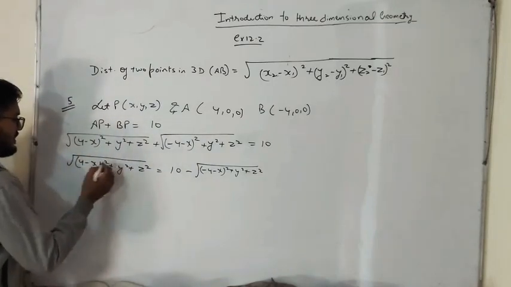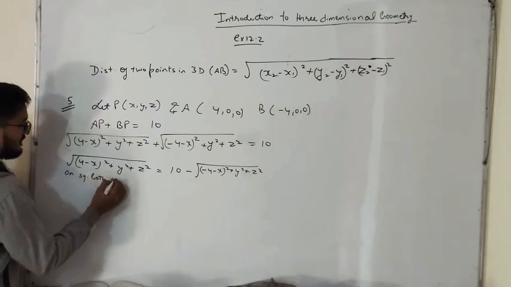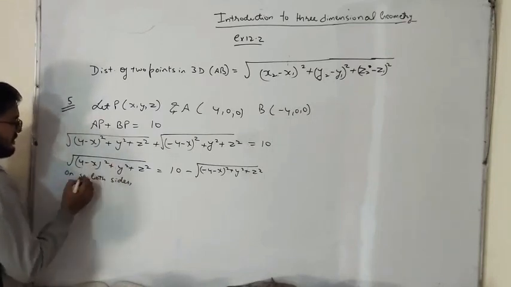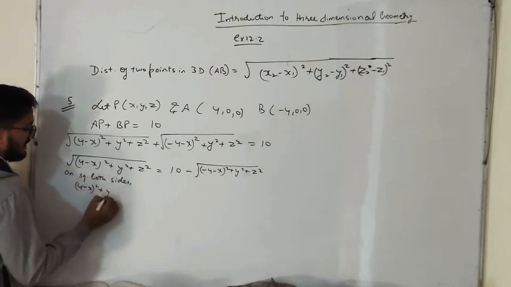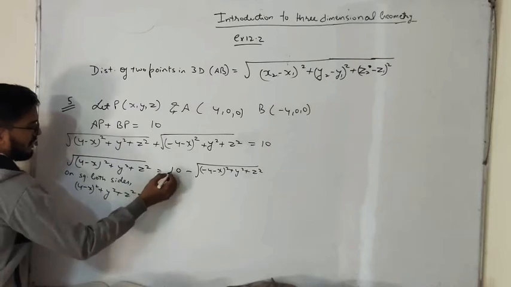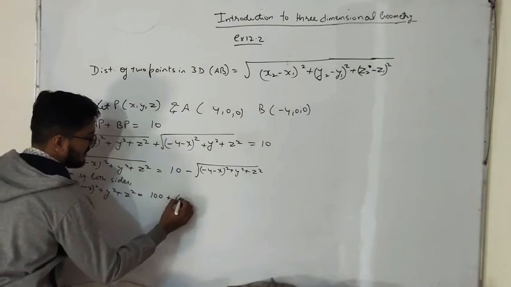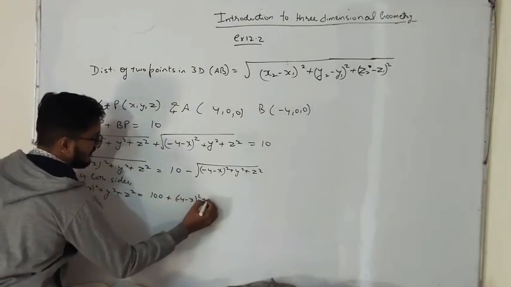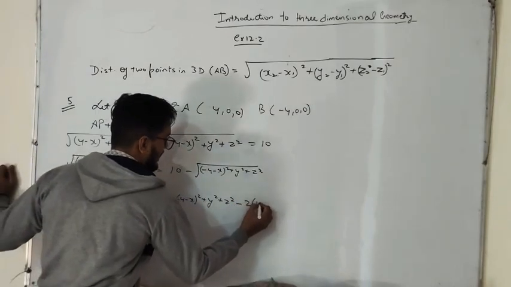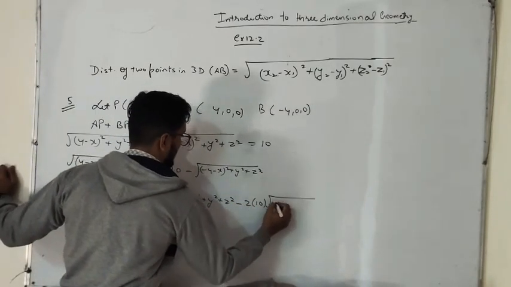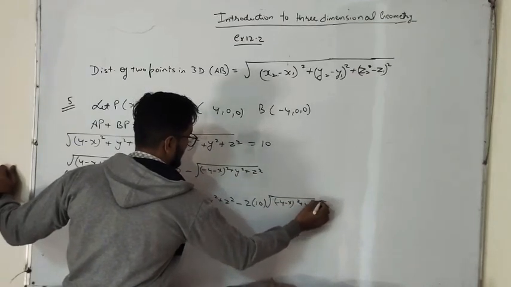So on squaring both the sides, the square of this will be 4 minus x whole square plus y square plus z square. A minus b whole square is a square plus b square minus 2ab, plus y square plus z square, right?